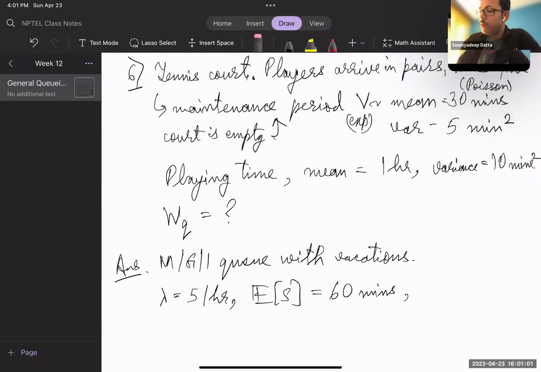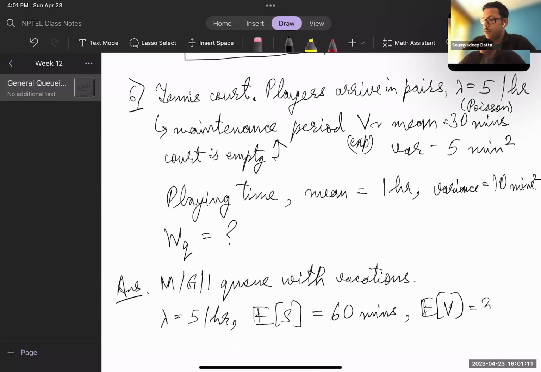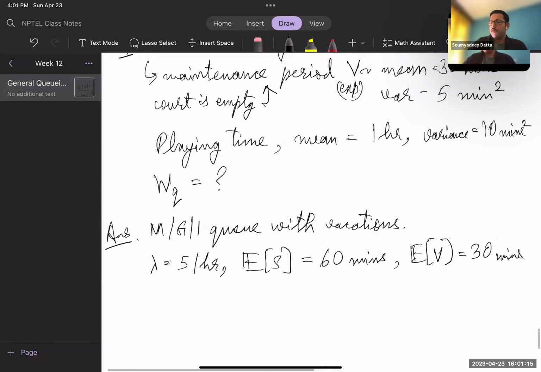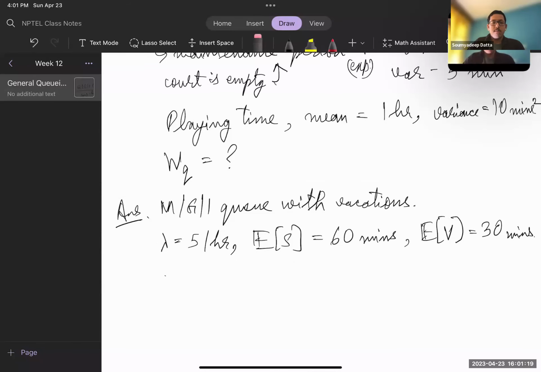And then expectation of vacation is given to be 30 minutes, right? Now, we also need to find out two more quantities here, because we are trying to use this formula.